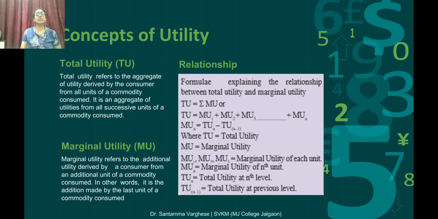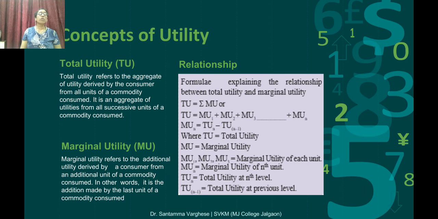Aggregate means the total of all the utility derived by a consumer by using a particular product, the things we consume. Then we say that is total utility. It is an aggregate of utility from all successive units of the commodity consumed.